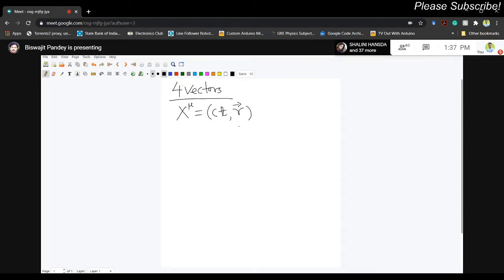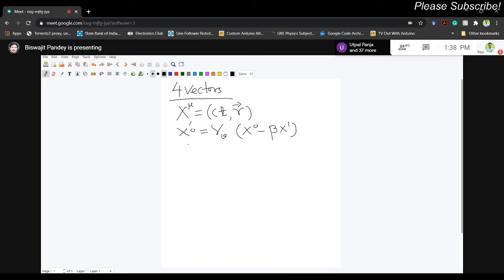So x mu is the space-time four vector, and we know how it transforms if we go from one inertial frame to another. Of course, we can calculate the different components of x mu in the prime frame. What are those transformations? If you remember, x0 prime equals gamma v, remember I did not use a subscript because gamma is a Lorentz factor which can be associated with any velocity, and here I am talking about the velocity v of the Lorentz boost. So x0 prime equals gamma v times x0 minus beta x1, where beta is v by c, of course, and x1 is the first spatial component.